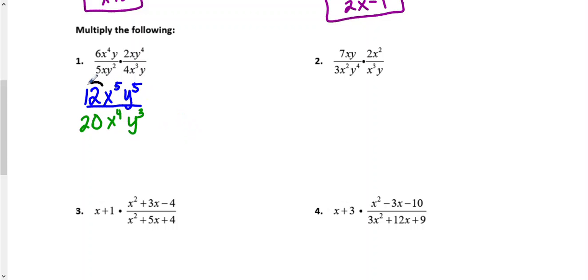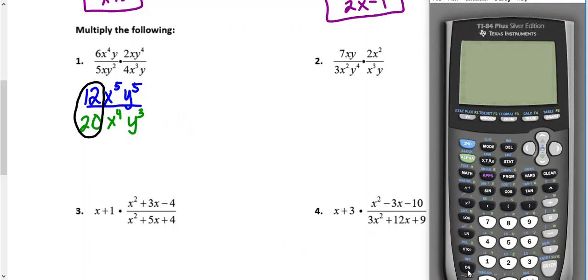Then we can simplify. So 12 divided by 20. Again, we can go to our calculator and we can type 12 divided by 20, enter, then math, enter, enter, 3 over 5.